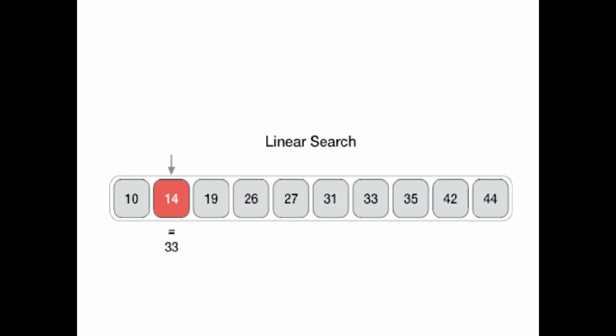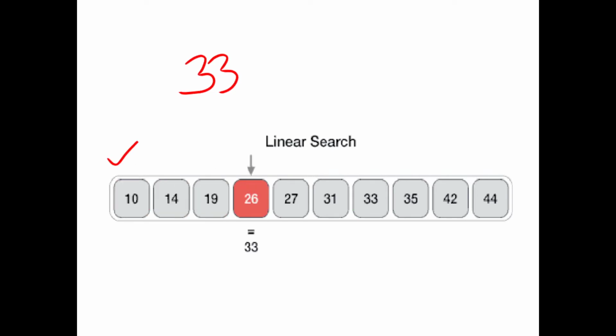Suppose you want to find the element 33 in this array. How can we search for the element in a linear search? First, start from the leftmost part of the array. This is the leftmost part, this is the rightmost part. First take the number 10.